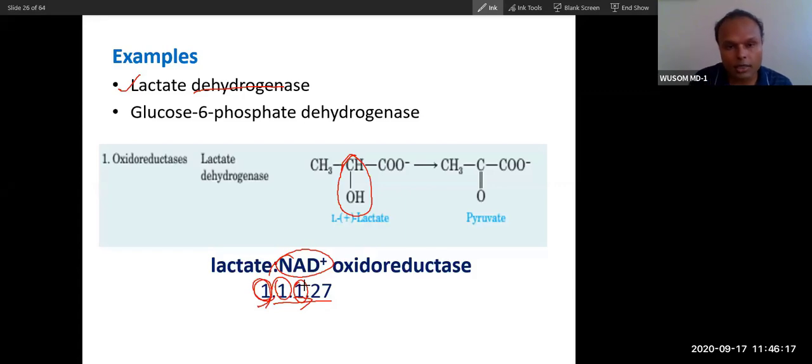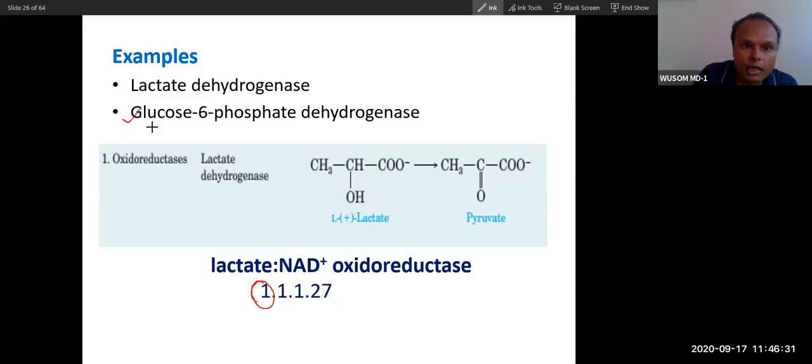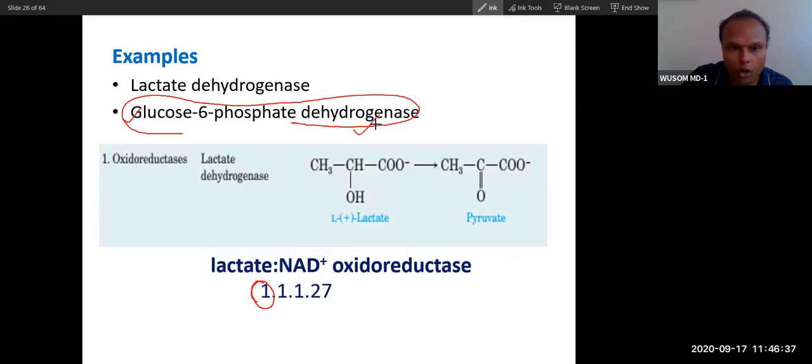That is the power of this classification. You don't need to go into subclass, subclass. Just understand this. You only need to memorize this class. This is oxidoreductase. The second enzyme is glucose 6-phosphate dehydrogenase. Because it is a dehydrogenase, it is also placed into the group of oxidoreductase.